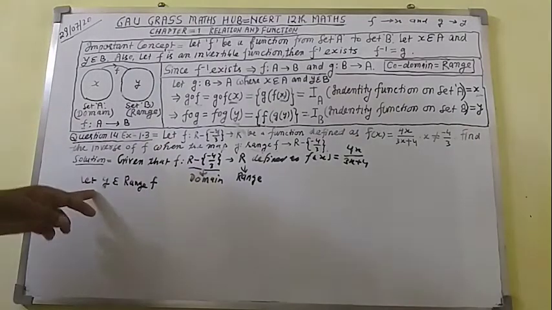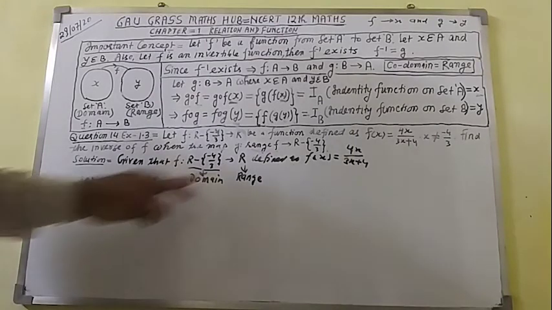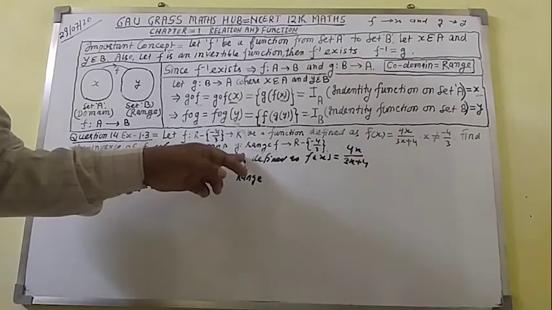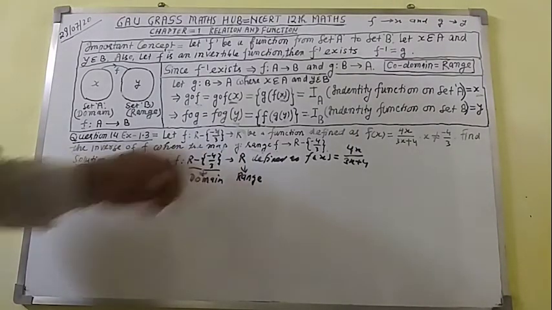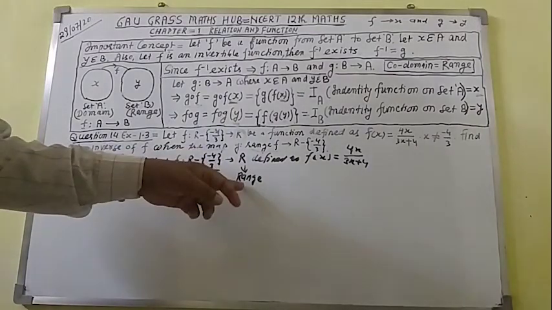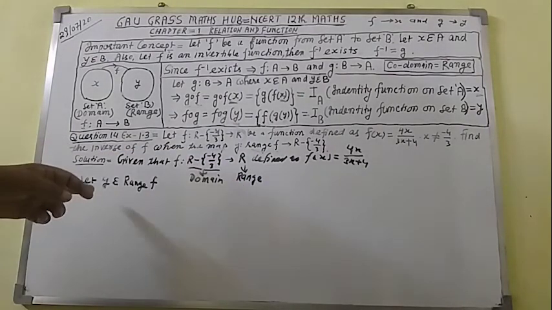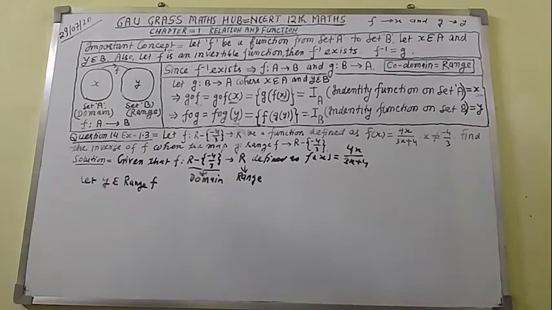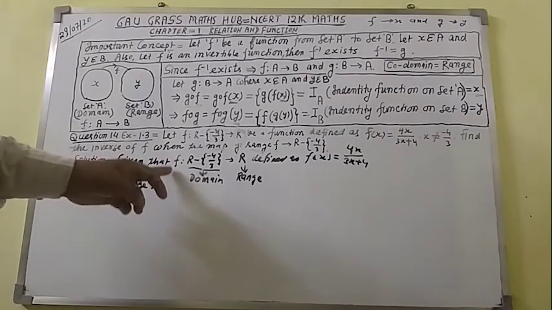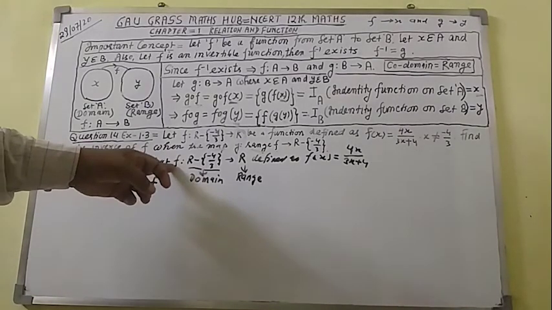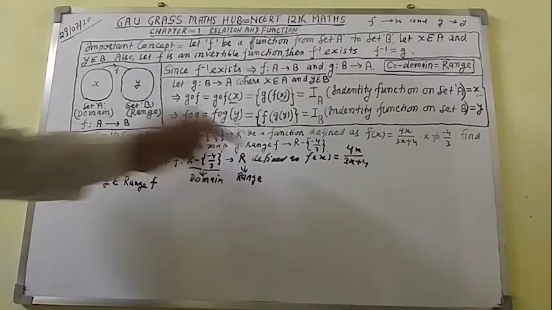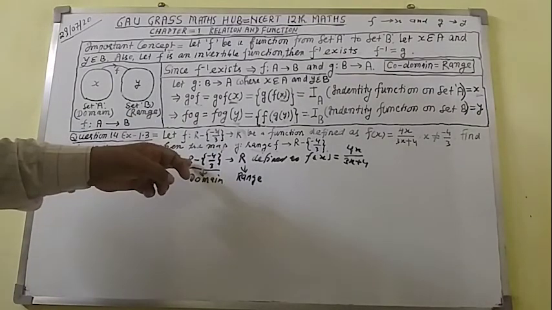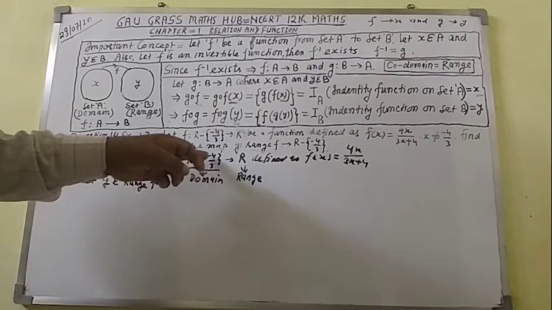Here, capital R is range f. So range f means capital R. The range of f will be capital R, and the domain of f will be R minus 4 over 3.